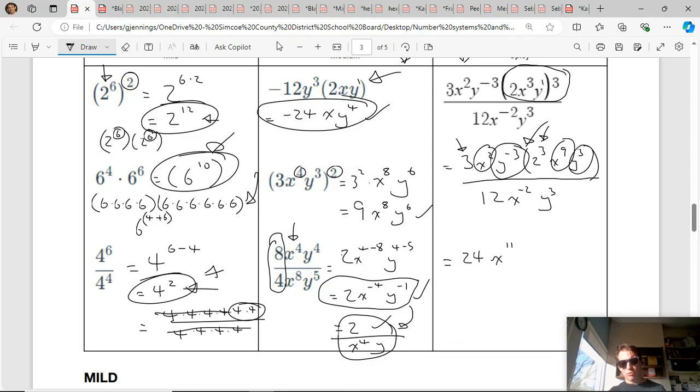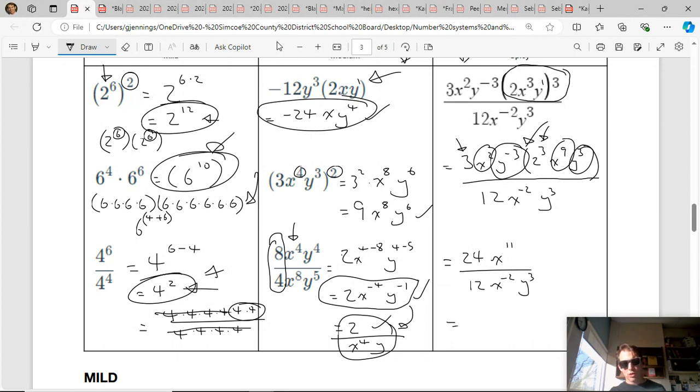Y to the minus 3 times y to the 3 is no copies of y left. So it's y to the 0, because 3 minus 3 is 0. Notice I didn't write down y to the 0, because that would be the same thing as multiplying by 1. So I just leave it out. Okay. 12x to the minus 2 y to the 3. We're just going to write that. 12x to the minus 2 y to the 3.